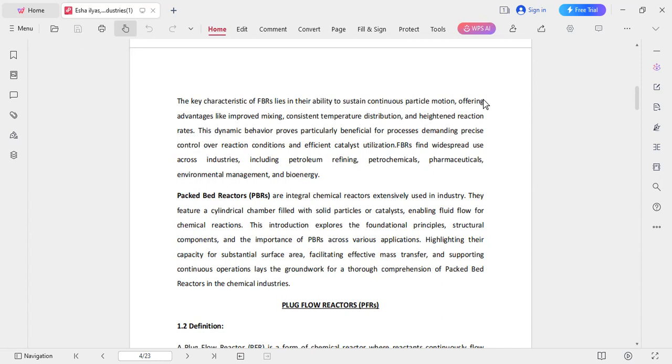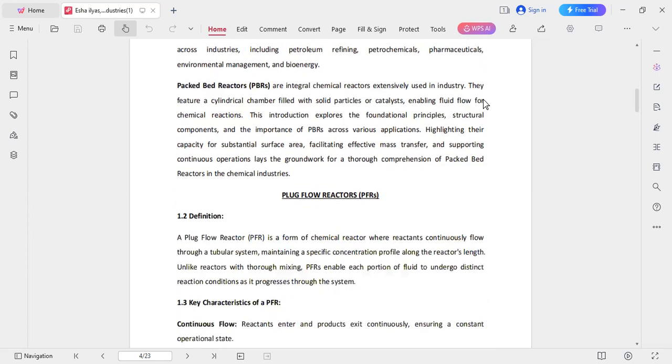This introduction explored the foundational principles, structural components, and the importance of packed bed reactors across various applications, highlighting their capacity for substantial surface area, facilitating effective mass transfer, and supporting continuous operations, laying the groundwork for thorough comprehension of packed bed reactors in the chemical industries.